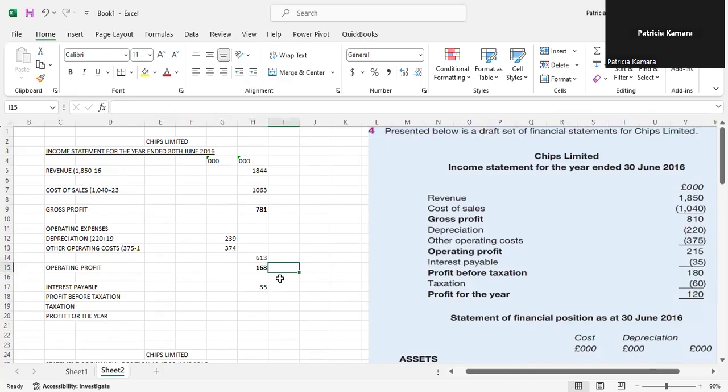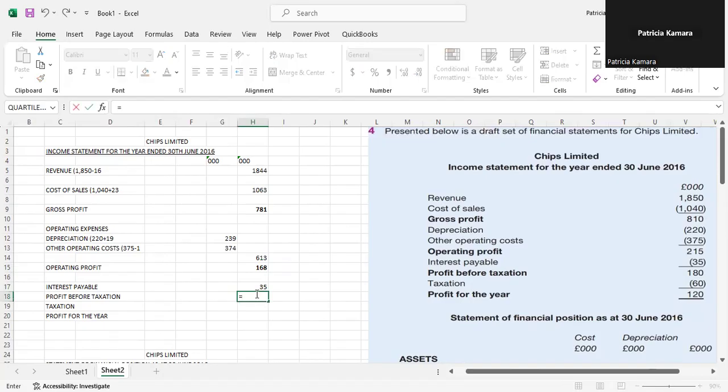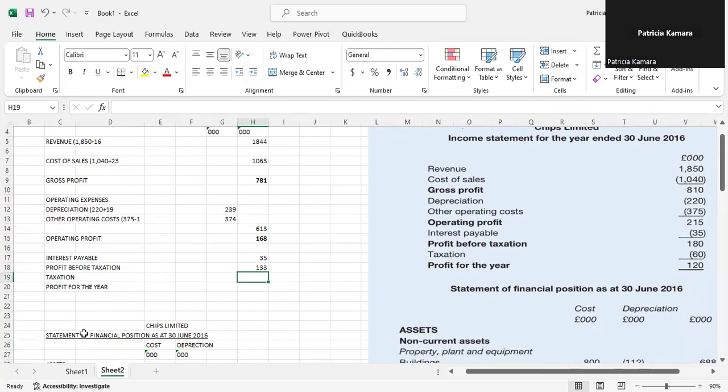Interest payable has been given as 35. So when we subtract that, this will be the 168 minus the 35, giving us 133. Then tax is calculated.